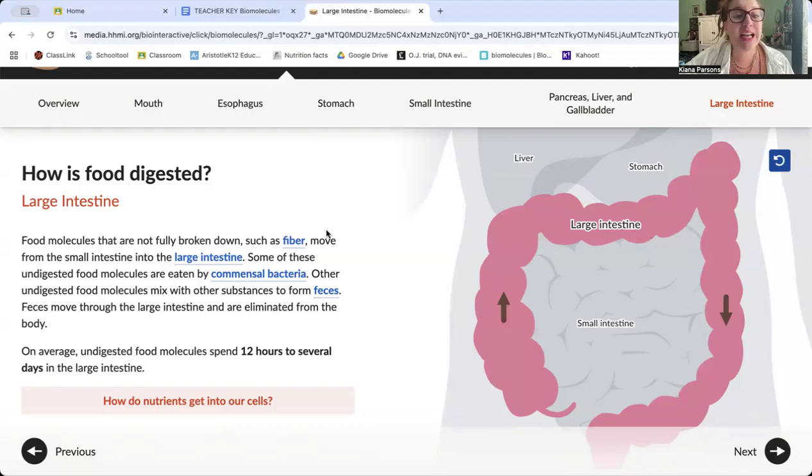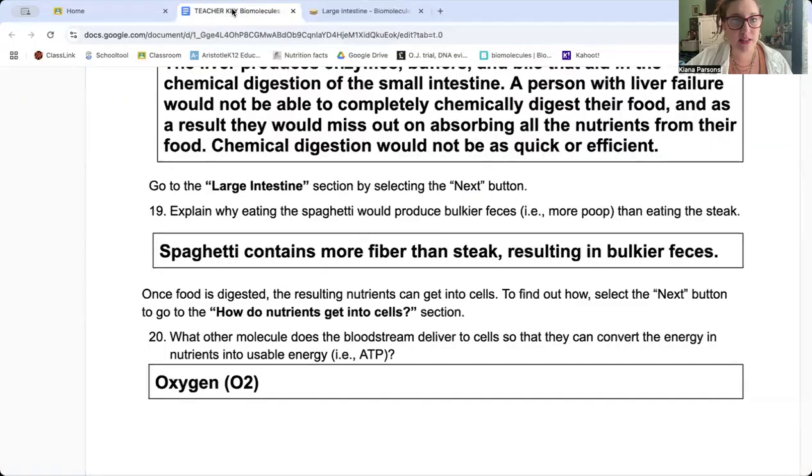Feces move through the large intestine and are eliminated from the body. On average, undigested food molecules spend 12 hours to several days in the large intestine. So, once the waste has entered the large intestine, between 12 hours to several days, it is voided from the body. So, let's take a look.